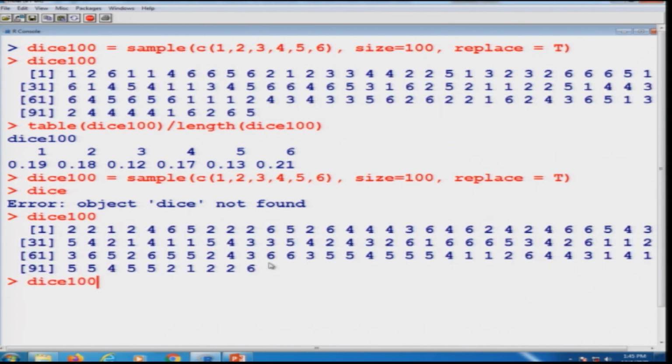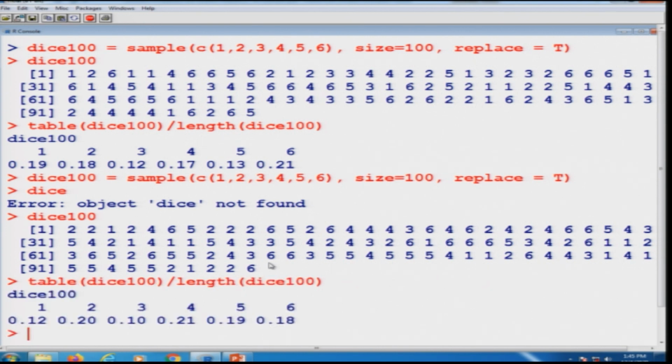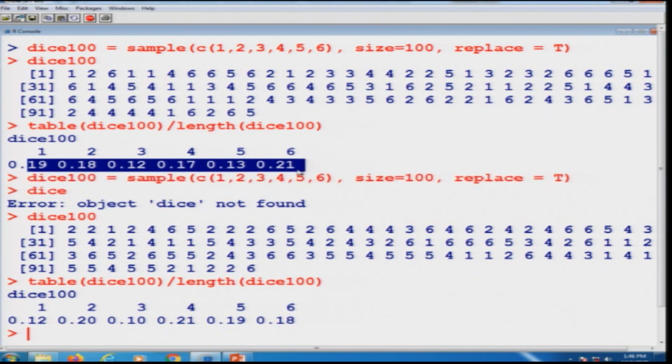And if you compute the relative frequency from this data, it comes out like this: 0.12, 0.20 and so on, very different from the relative frequency you obtained earlier, right. So you can see when your sample size is just 100, there is a huge variation in the relative frequencies of observing 1, 2, 3, 4, 5 and 6.